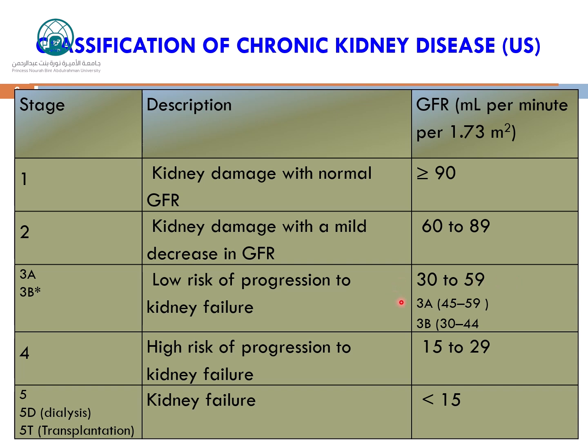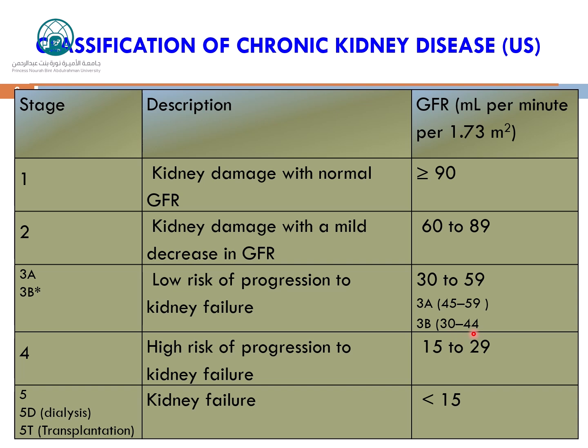For 3A, which is a little better than 3B, the glomerular filtration rate, or GFR, will be between 45 to 59, while for 3B patients it will be between 30 to 44. So the condition becomes worse and worse.